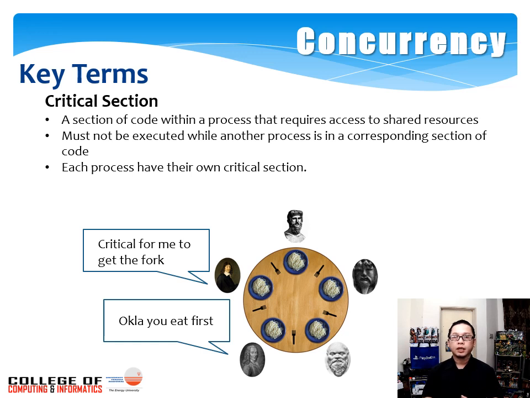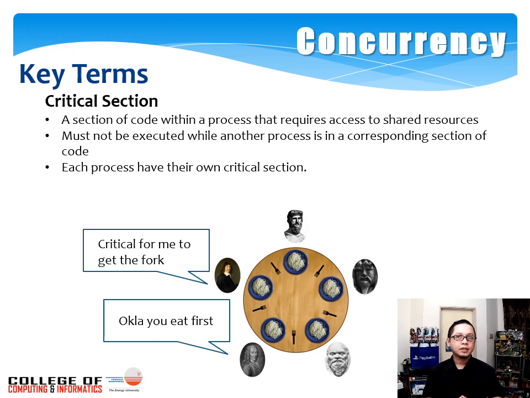Each process has a defining line of where or when its critical section is. This is where it will determine whether the process has to be suspended or blocked because it is waiting for the use of shared resources. And of course, shared resources are your main memory, the CPU time, and also the use of I/O devices.